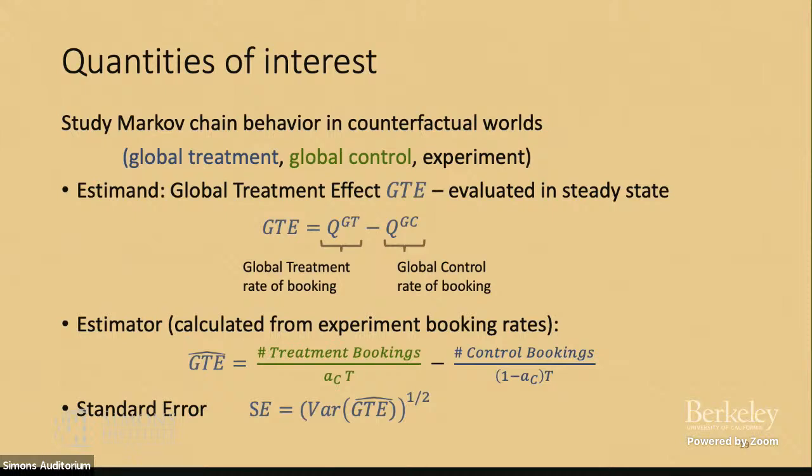So this is the steady state difference in the rate of bookings between the treatment group and the control group. And again, the estimator is just this time average from your observed bookings. Something else that we'll want to know about our estimator is the standard error. And the standard error is just defined to be the standard deviation of the GTE hat sampling distribution.